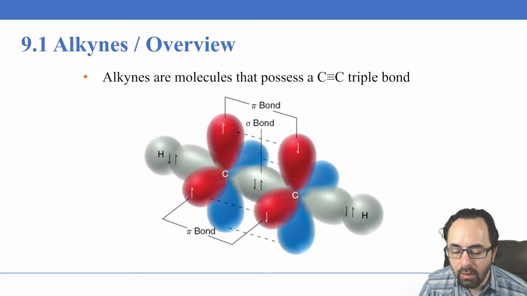In addition to the sigma bond, there are two pi bonds that are 90 degrees from one another, and these involve, of course, the sideways overlap of unhybridized p orbitals. And so since it's sp hybridization, that leaves two unhybridized p orbitals that can be involved in pi bonds. So the take-home message here is that a triple bond is composed of a sigma bond and two pi bonds.